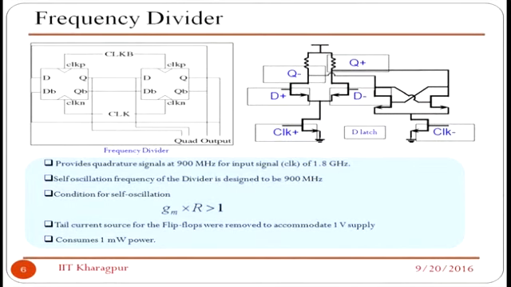Otherwise your divider will oscillate in that mode of frequency, and it will not work finally, because it is a frequency divider block. I have 1.8 gigahertz, I want 900 megahertz in both in-phase and quad-phase components. And this particular frequency divider block is supposed to consume 1 milliwatt of power.